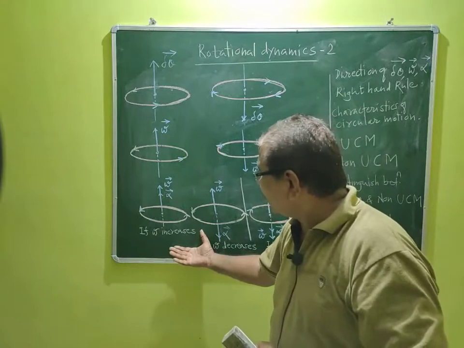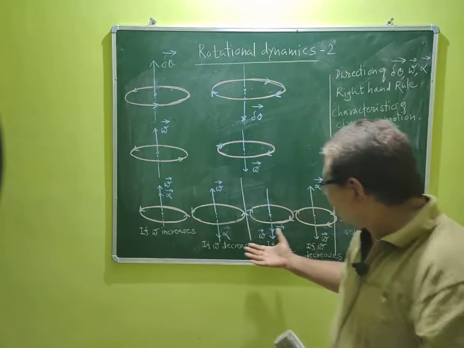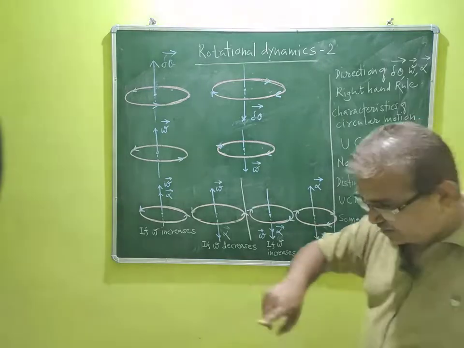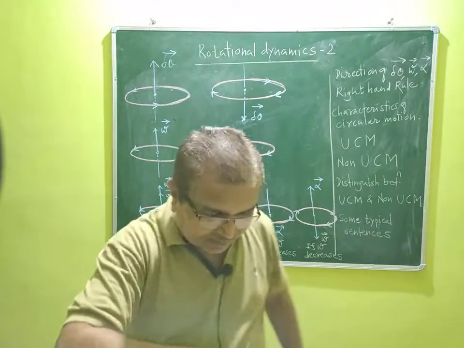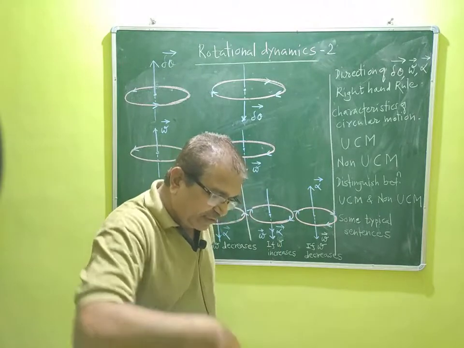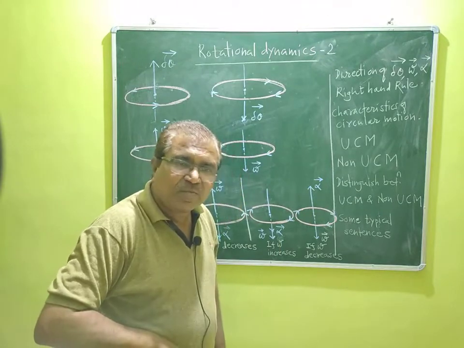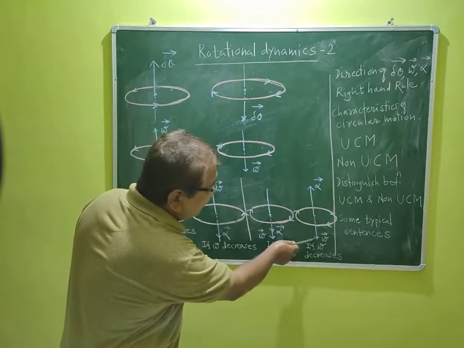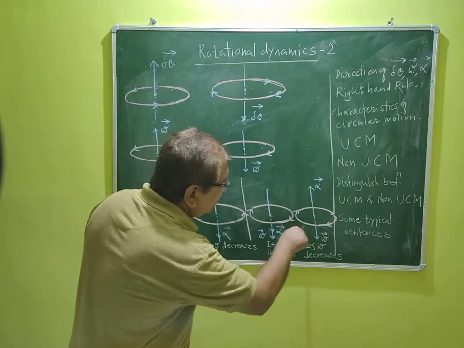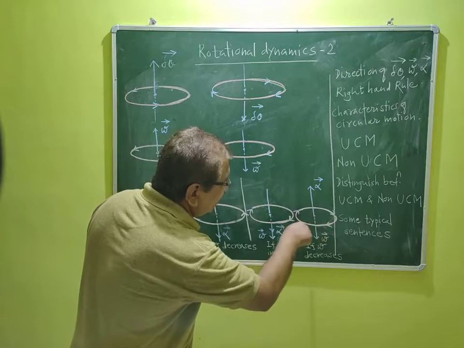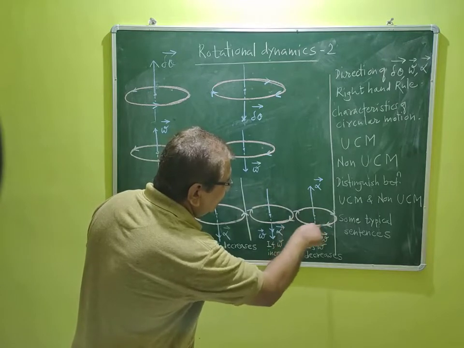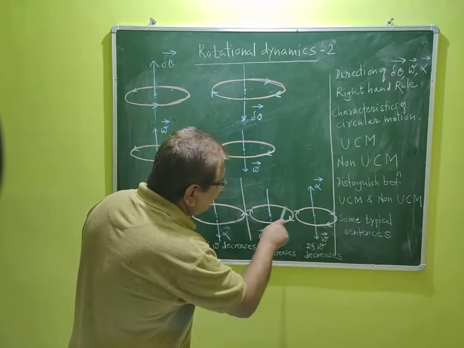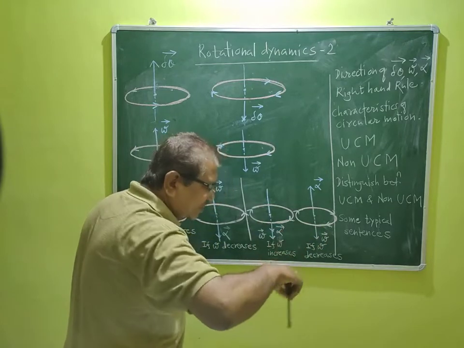So these are the two diagrams here. See here, the motions are now clockwise. If the motion is clockwise, then angular velocity is always in the downward direction. Angular velocity omega is always downward, because the particle performing circular motion is moving in the clockwise sense like this.